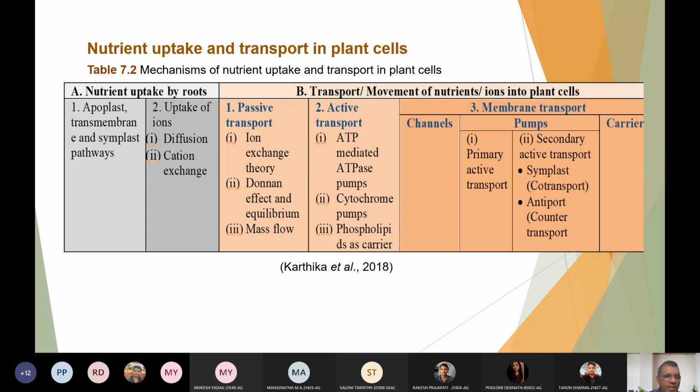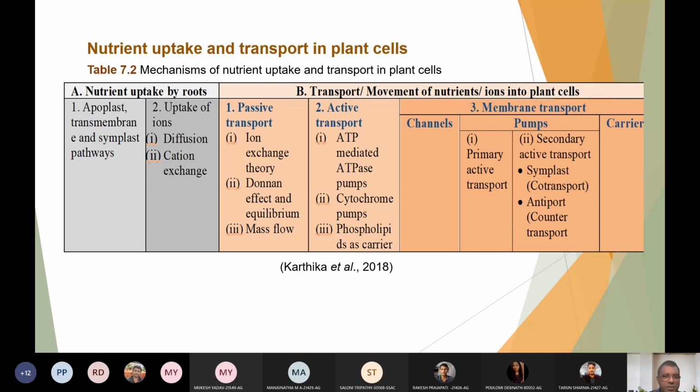Passive transport can be ion exchange theory, Donnan effect and equilibrium, and mass flow. Mass flow also happens inside the plant roots. One mass flow was outside the plant root, where we have seen that nutrients reach the plant root. When they reach into the plant roots, they can move by mass flow also. So mass flow is a kind of passive transport.